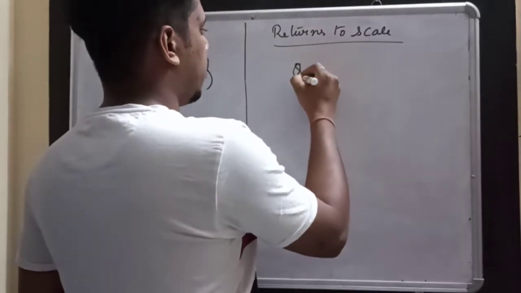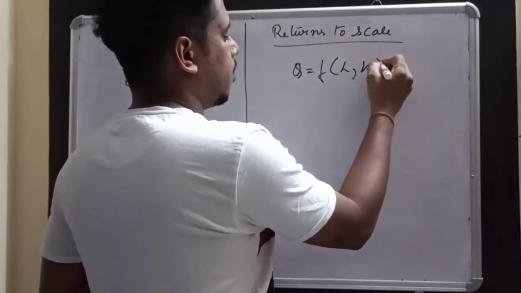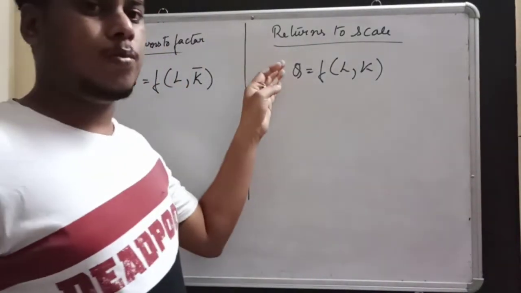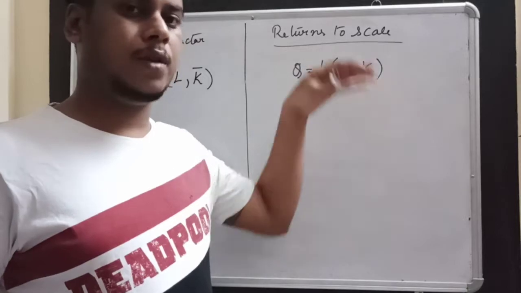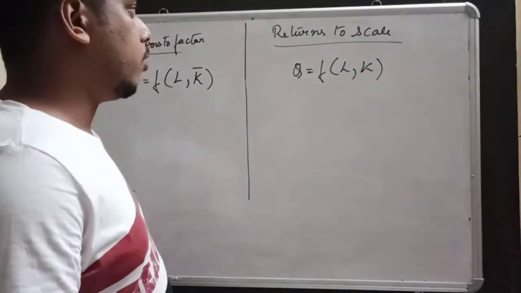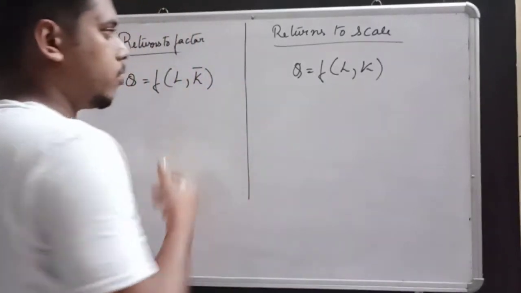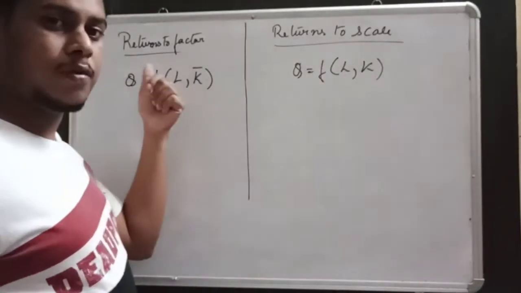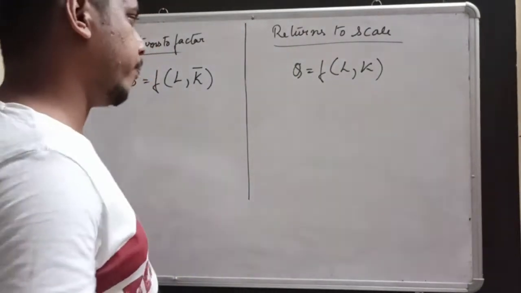So in case of returns to scale, the production function looks like this, and a change in output can be brought about by changing any of the inputs or all of the inputs. Okay, so returns to factor is a short run phenomenon, and returns to scale is a long run phenomenon.